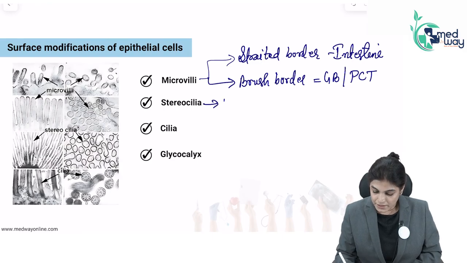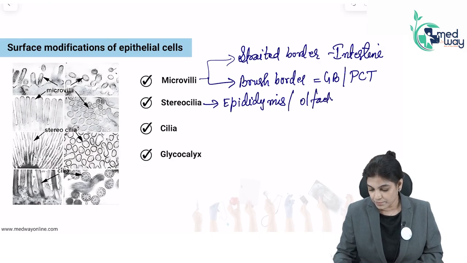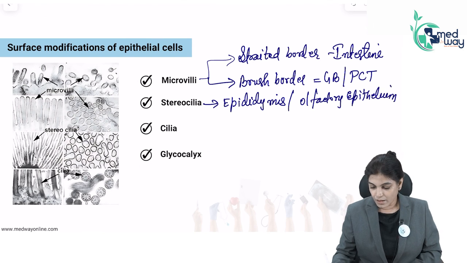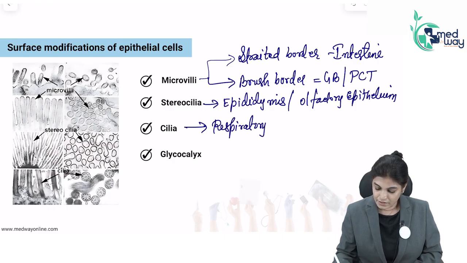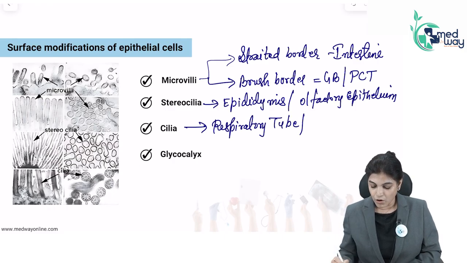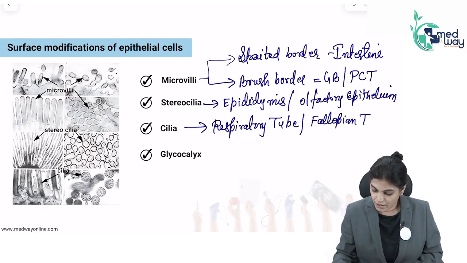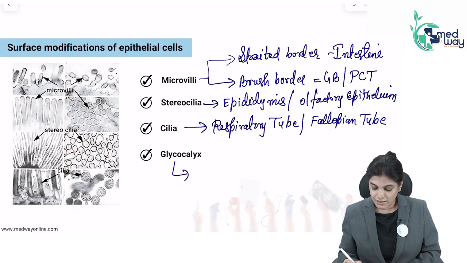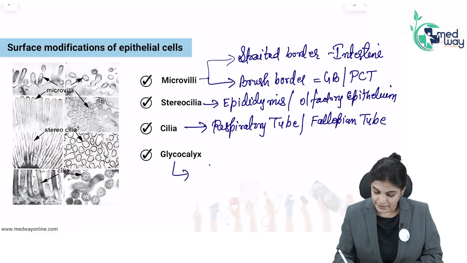Stereocilia are present in the epididymis and also in the olfactory epithelium. Other than that, cilia are present in the respiratory tube, mainly the trachea and principal bronchus, and also in the fallopian tube. And glycocalyx, which has the function of concentrating the ions before absorption, is present in the intestine.